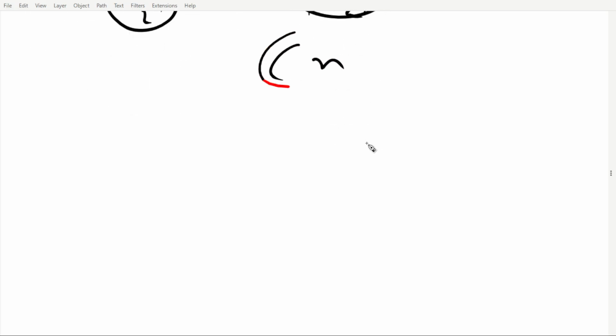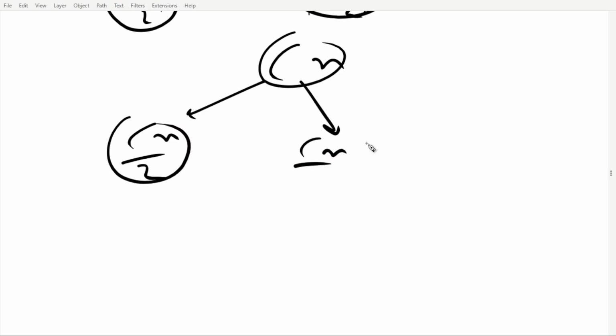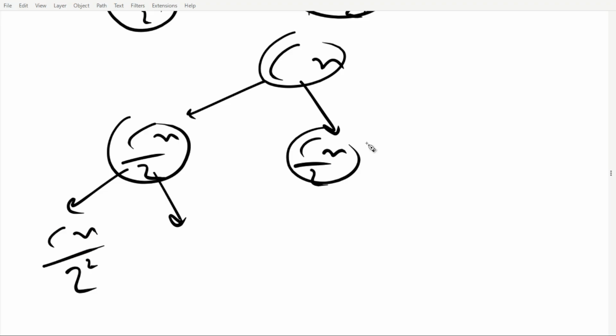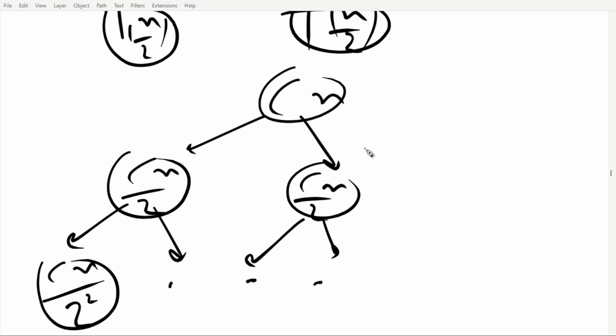Root we have Cn, next level Cn by 2, and so on, continue like this. Next level Cn divided by 2 square, and so on. Continue, find the total cost at each level. We have a simple observation, the total cost at each level is constant, the same Cn.